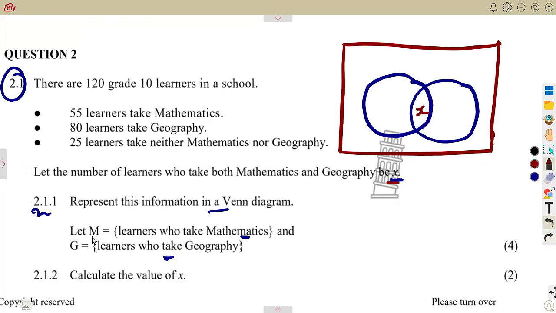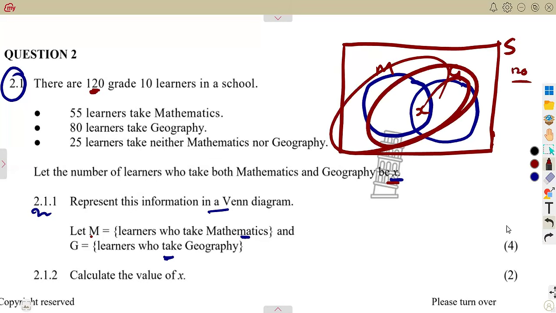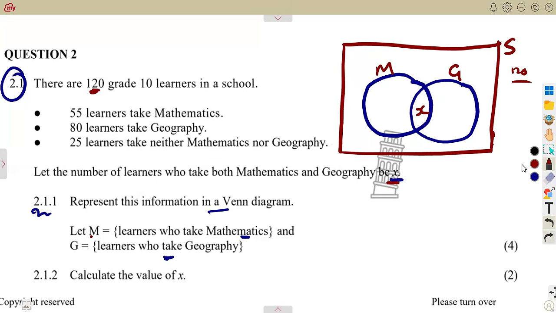So if M is for mathematics and G is for geography, we are given that the whole of these is 120. That's our sample space. Everything in this is 120. That is what you're given. So let's talk about those for mathematics only, because we are given that 55 take maths. 55 is for this set of maths.